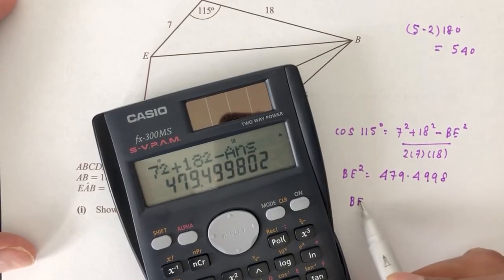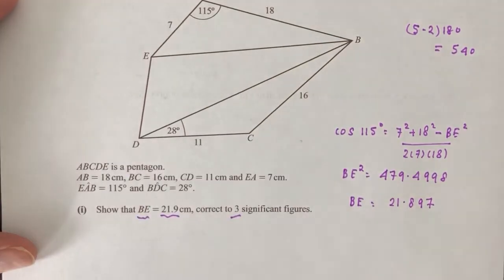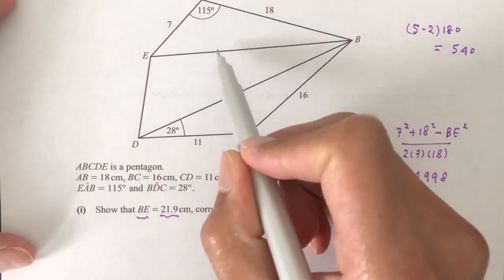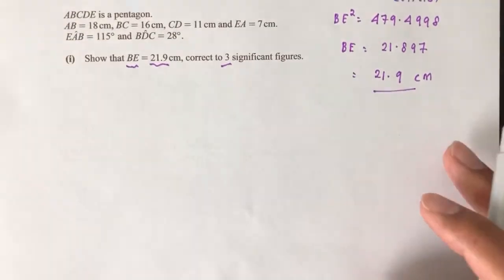So BE will be the square root of this, it will be 21.897. Correct to 3SF, it will be 21.9 centimeters. So that was part 1.